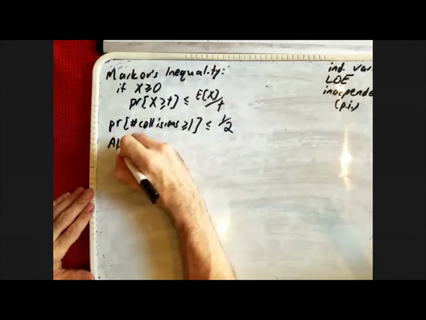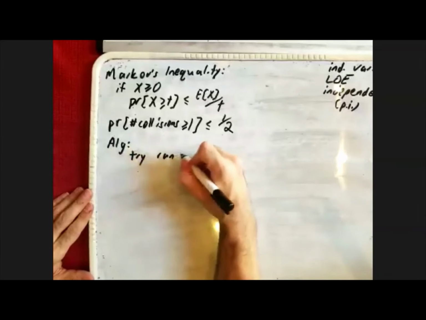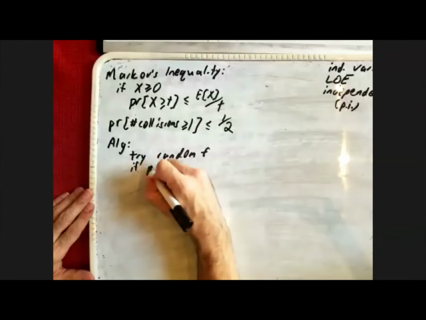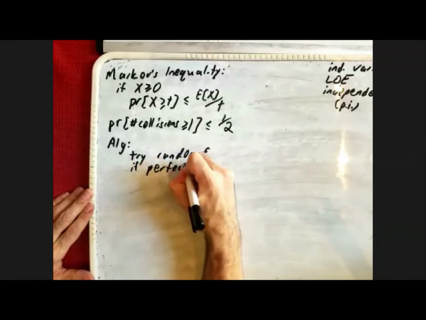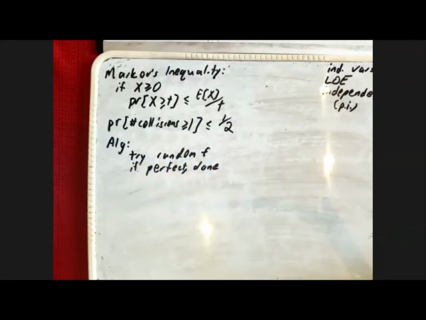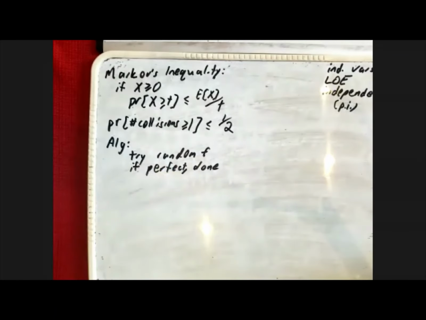So we'll try a random function. And if it's perfect, we can stop. We're done. Right? And notice that we have a 50-50 chance of success. But what should we do if we fail? Try again.